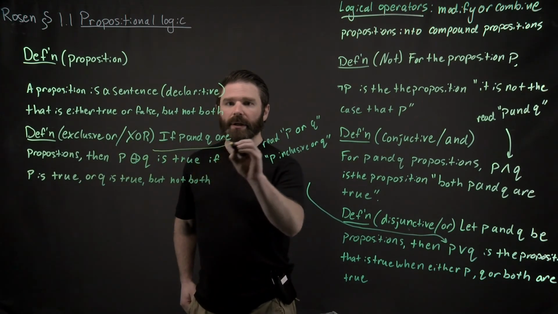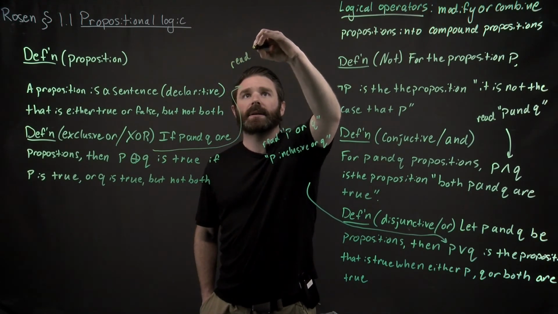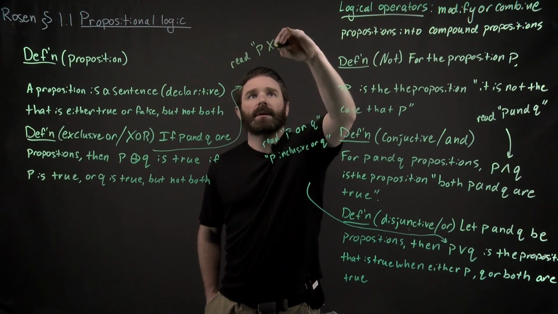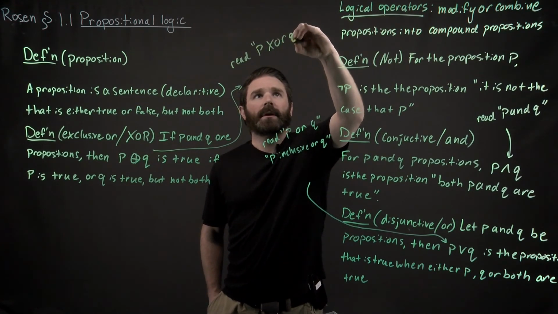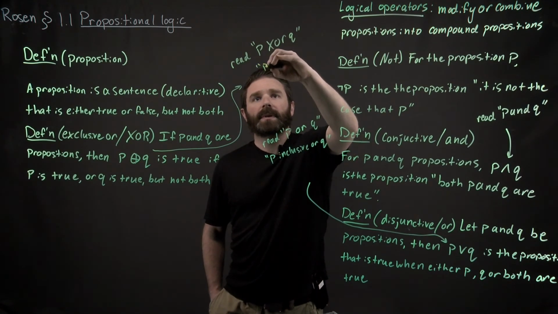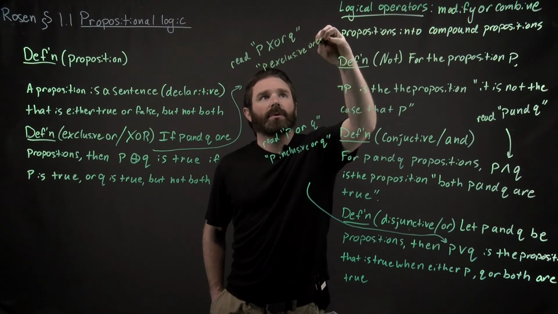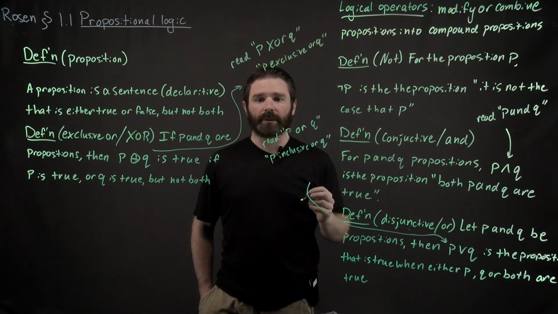So this little thing right here, the way that we read this is you read it as P XOR Q, or you could say P exclusive or Q right here.